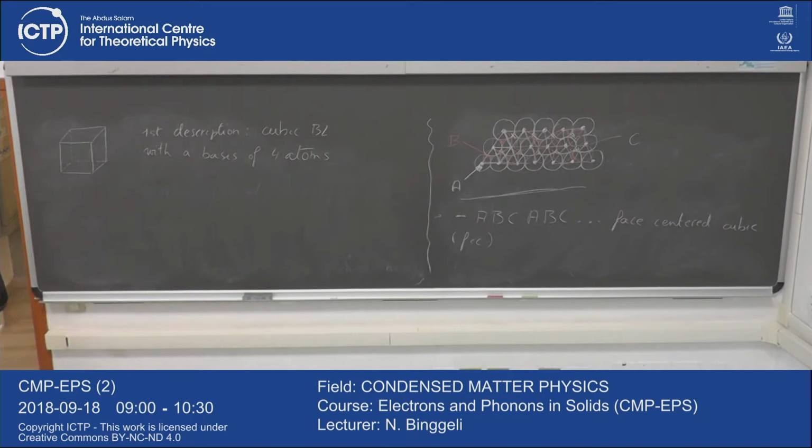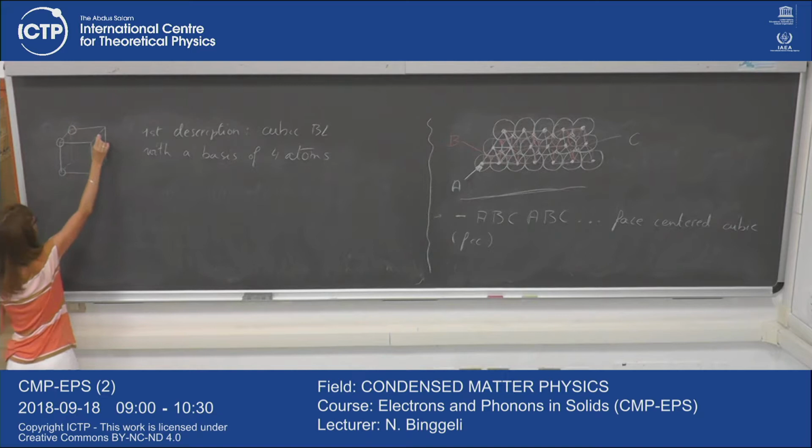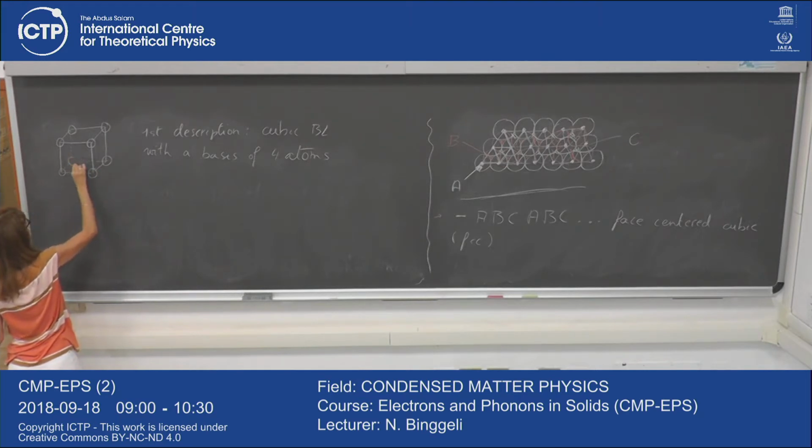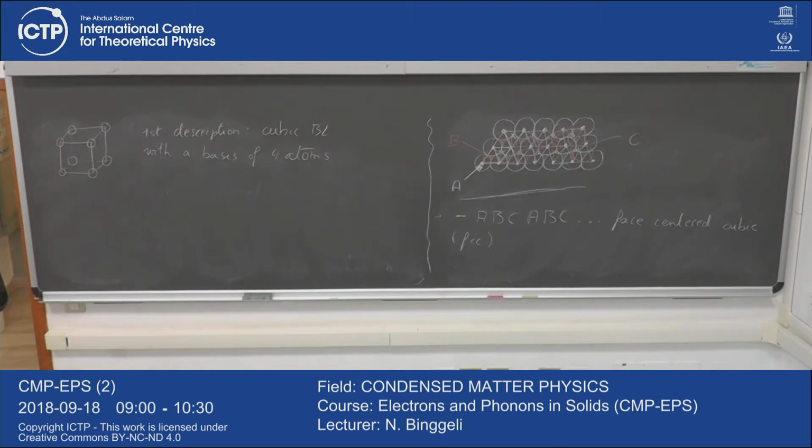So it is a cubic Bravais lattice, so I have atoms on lattice points at the corners of the cube, and the other atoms are placed on the faces of the cube in the FCC structure.